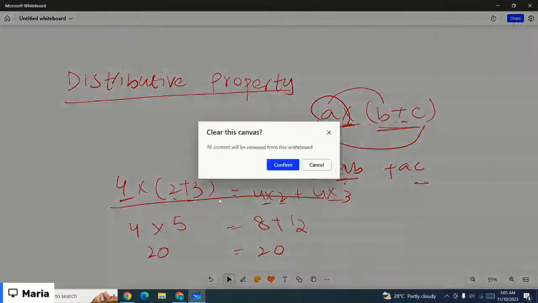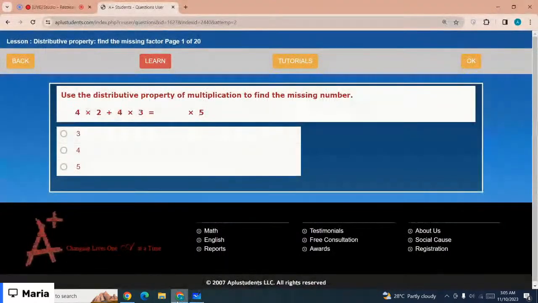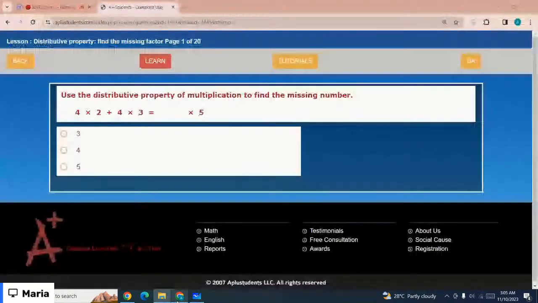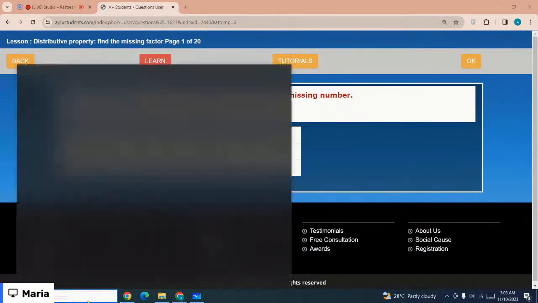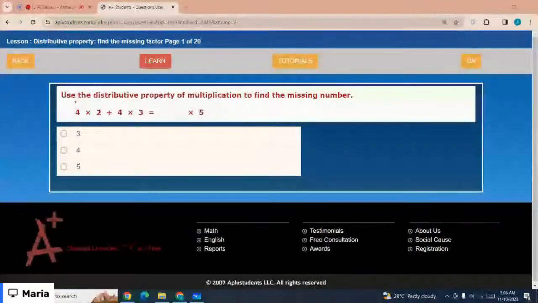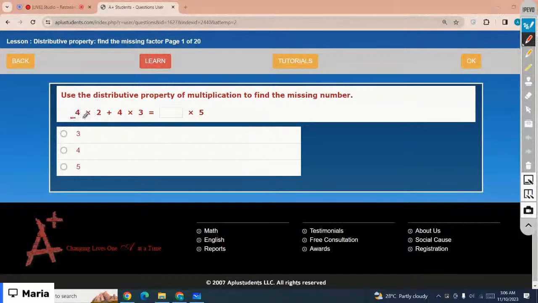Let's see how we find the missing number. Use the distributive property of multiplication to find the missing number. Here you have 4 times 2 plus 4 times 3.